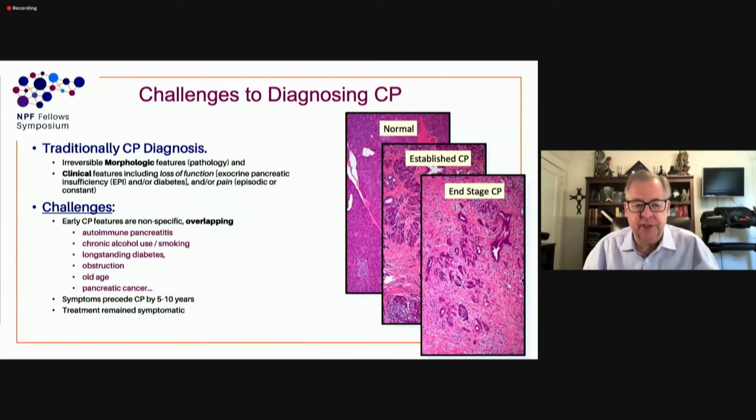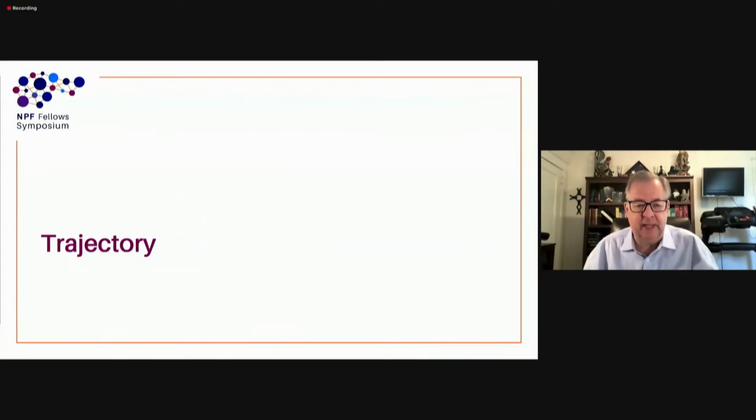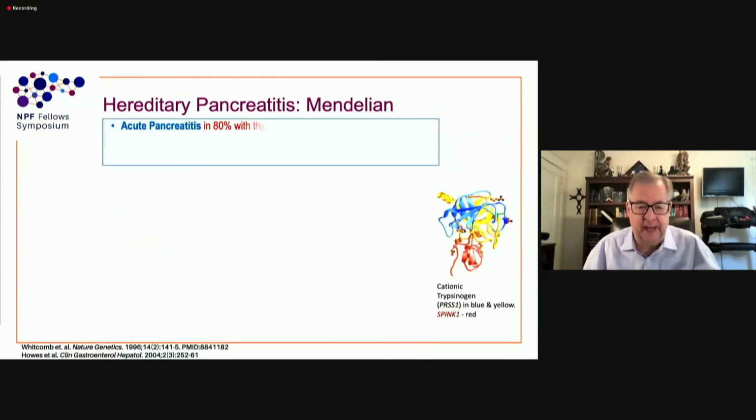The challenge is that early chronic pancreatitis features are non-specific. They overlap with autoimmune pancreatitis. Chronic alcohol use can cause some damage that is not due to actual chronic pancreatitis. Longstanding diabetes, obstruction, old age, all these things look like pancreatitis, but they're not. So we need to have a new approach.